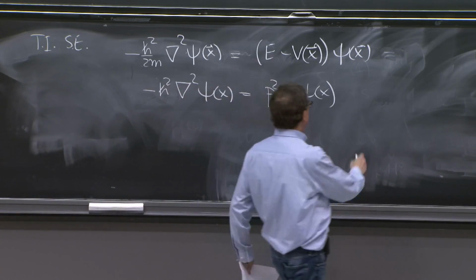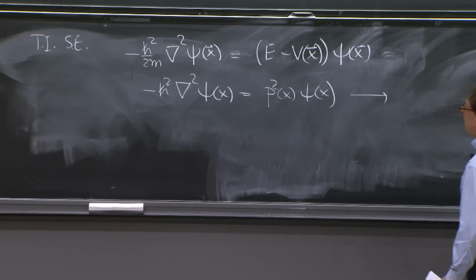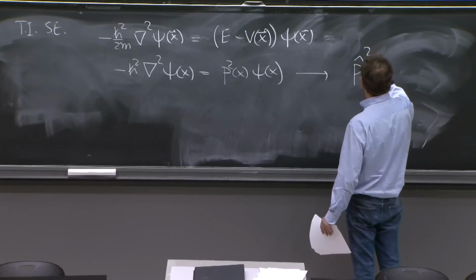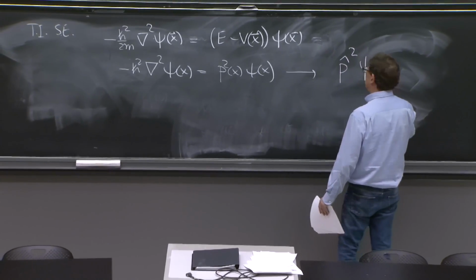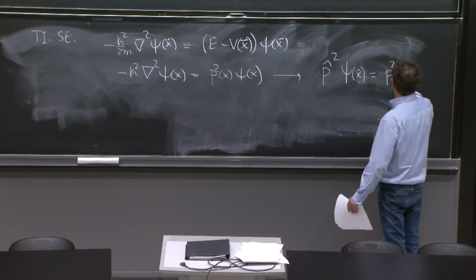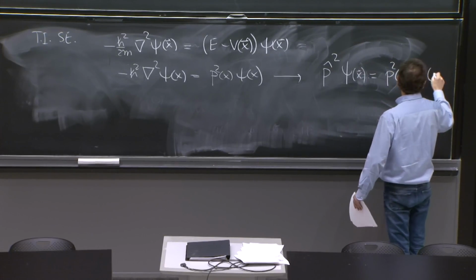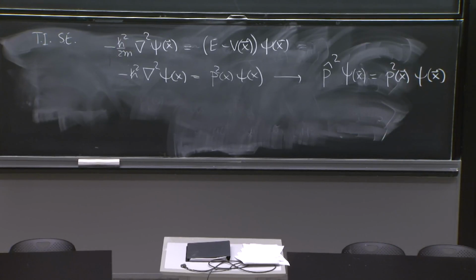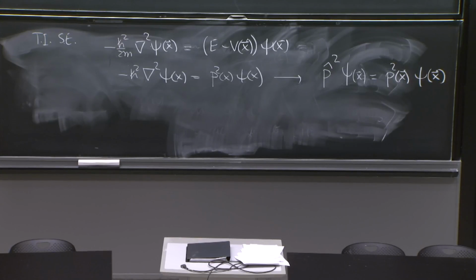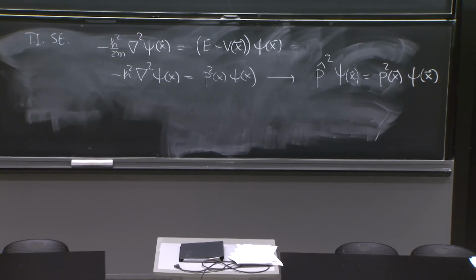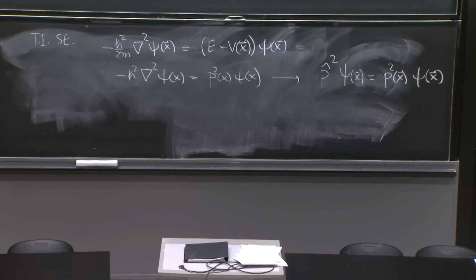Maybe it's a curiosity, but it's nice that the left-hand side is the momentum operator squared, so it's p hat squared on the wave function is equal to p squared of x times the wave function. Kind of a nice result. Nice looking Schrodinger equation. I don't know if you've seen it like that before. It's an operator on the left, and on the right, almost like an eigenvalue.